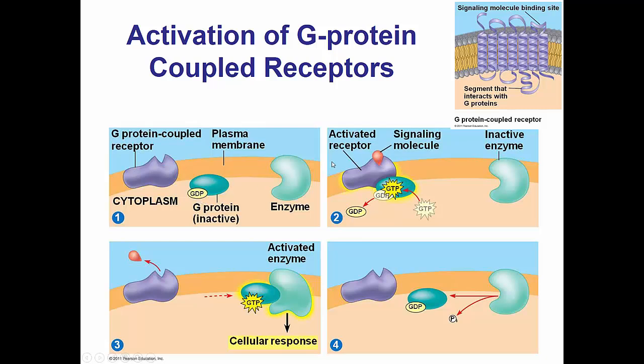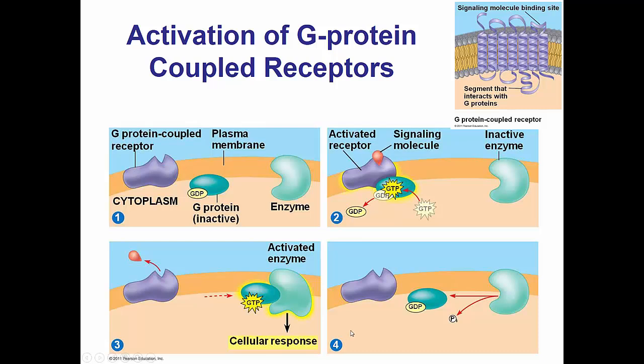So when the receptor becomes activated, it then leads to activation of the G protein by causing it to release GDP and bind GTP. Then this activated G protein can go on to activate an effector enzyme in the cell. So these effector enzymes then effect a cellular response.